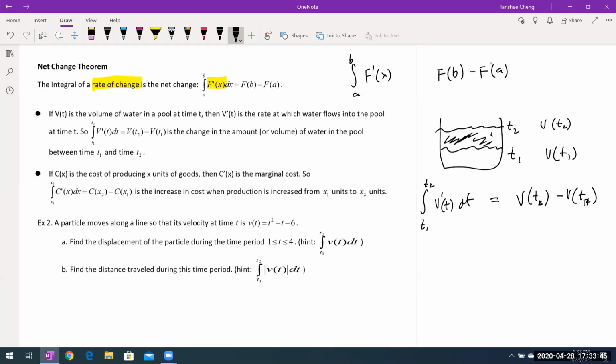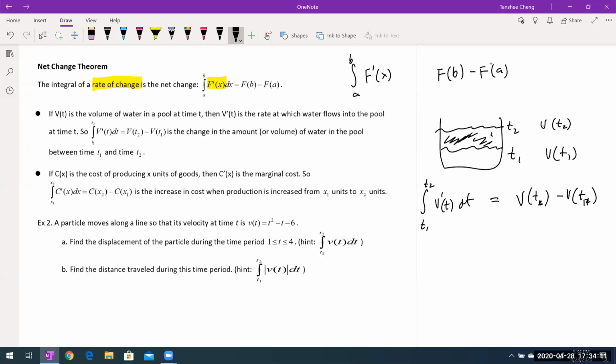It's useful because the next one that you're going to look at is the rate of change in the product. So if C is the cost of a product at x units of goods, then we know that C prime of x is the marginal cost, which is the rate of change of the cost for producing one more item.